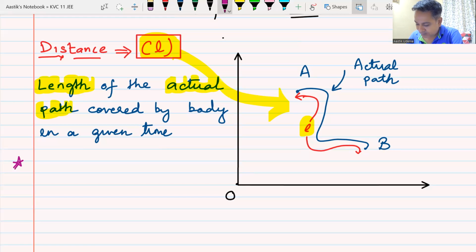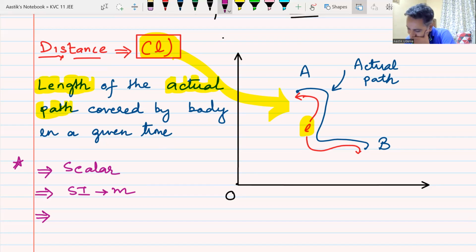Let us now highlight the important points that you must remember. What type of quantity is distance? It is a scalar quantity. Point number one. What is the SI unit? Meter. Third point: distance is length.